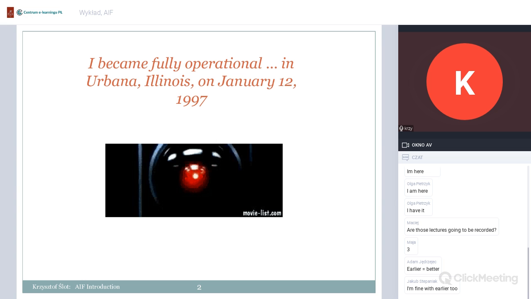I don't know whether you have watched a movie named 2001: A Space Odyssey. This is a very interesting movie. This is a science fiction movie.